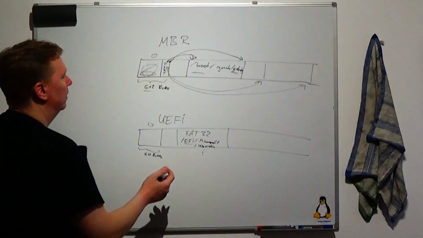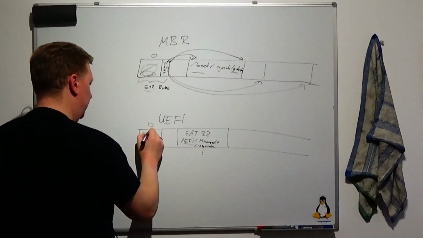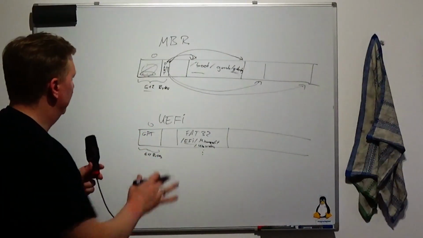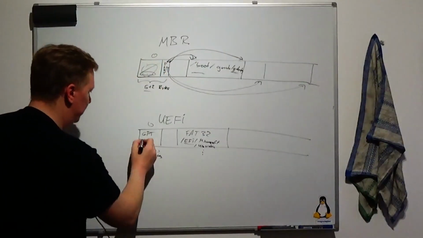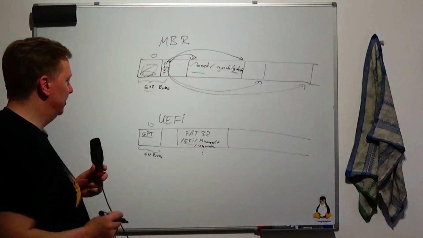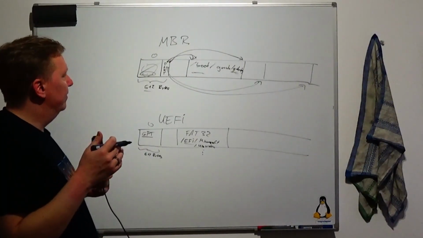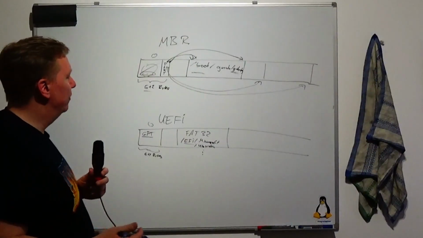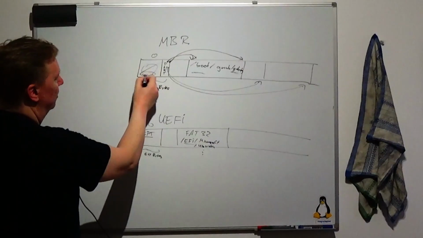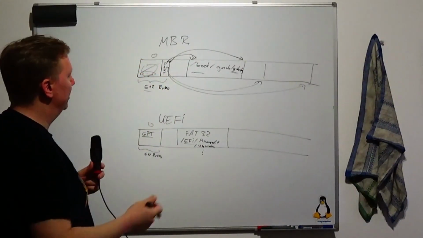And this first sector would just be a partition table without any bytecode in here. It's just a GPT partition table. That's important. It must be a GPT partition table, and the firmware of the mainboard that is loaded at the start must now do all the stuff that would have been done here by this arbitrary code.